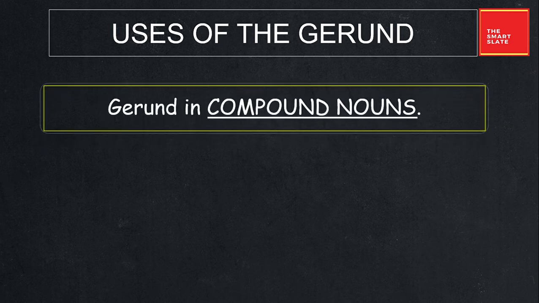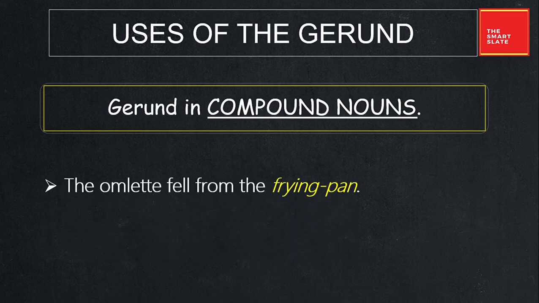Now we'll understand gerund in compound nouns. We have already discussed three things: gerund as subject, gerund as object, and gerund as object of a preposition. Now the fourth thing is gerund in compound nouns. The omelette fell from the frying pan. Frying pan is the noun.